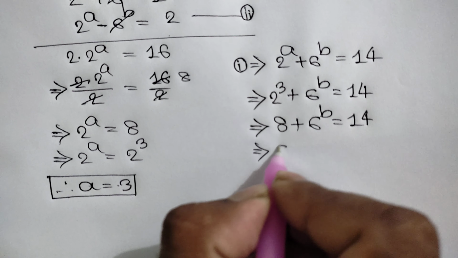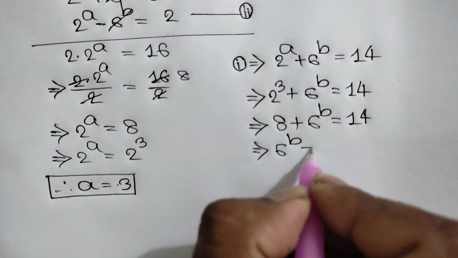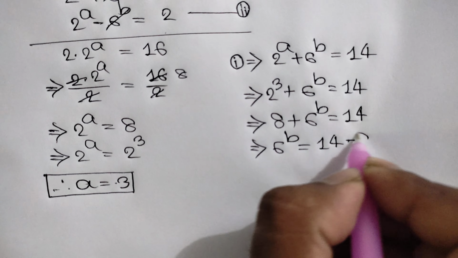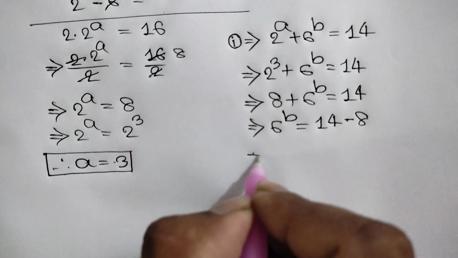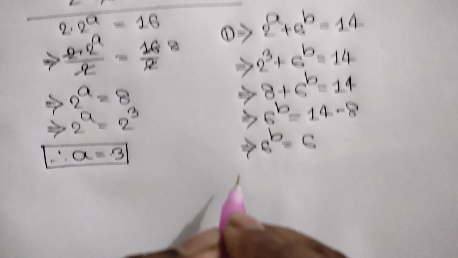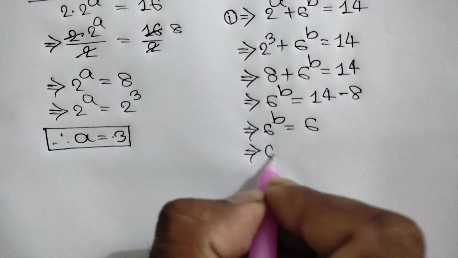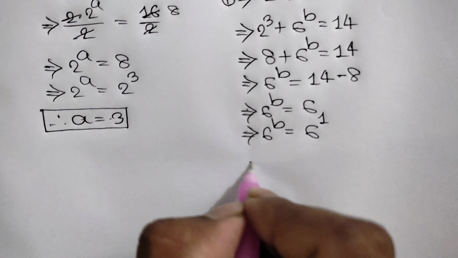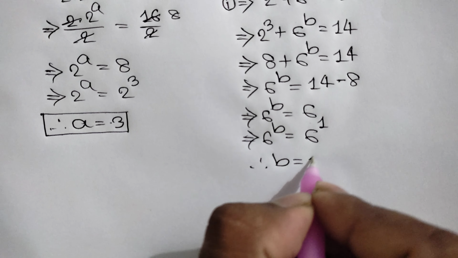Now we can write 6 to the power b is equal to 14 minus 8, or 6 to the power b is equal to 6, which can be written as 6 to the power 1. So finally we get the value of b is equal to 1.